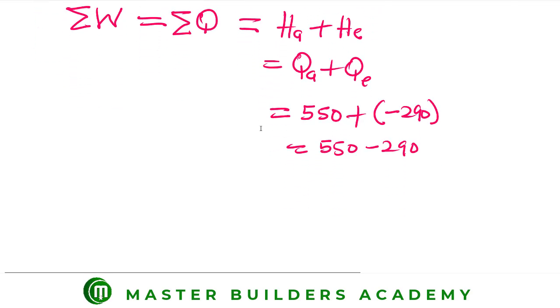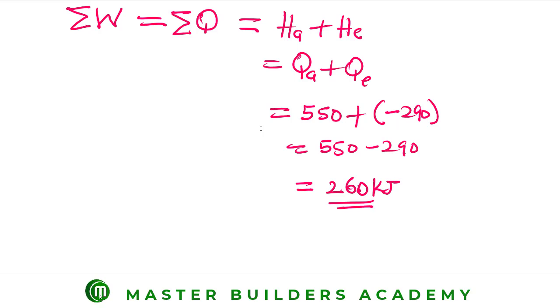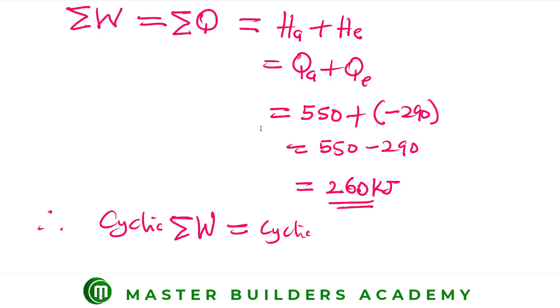When you remove 290 from 550, we have our outcome as 260 kilojoule. This is the answer to this question. Therefore, the cyclic sum of work done is equal to the cyclic sum of heat, and both are equal to 260 kilojoule.